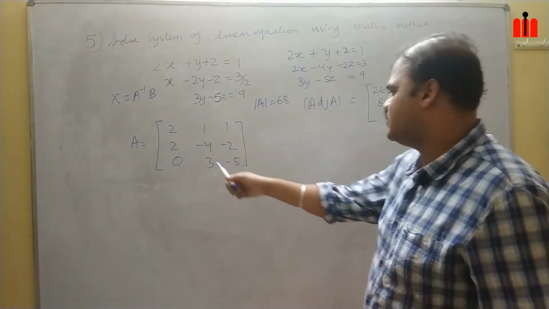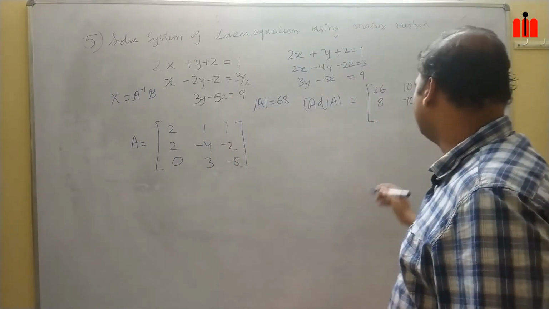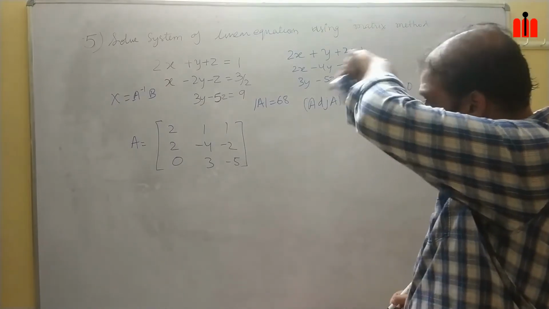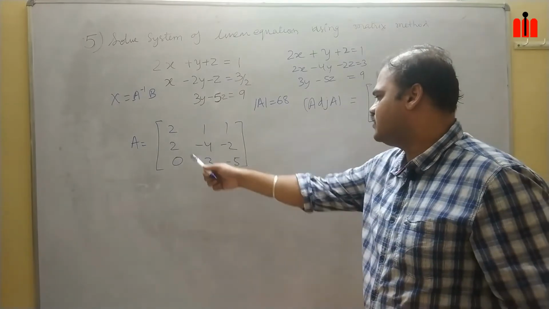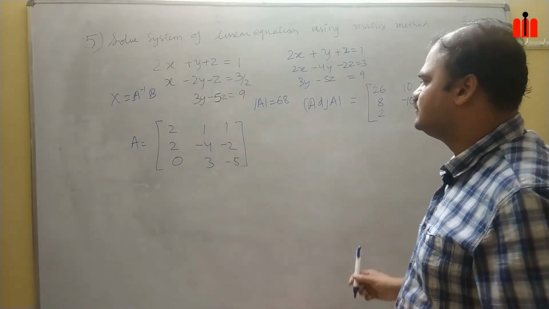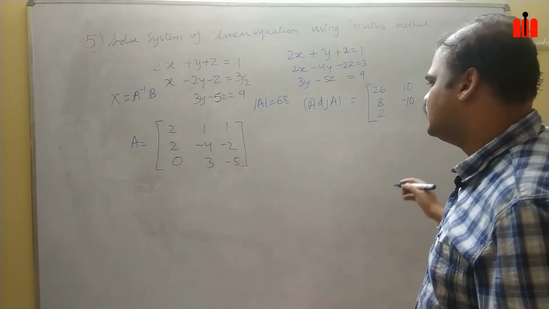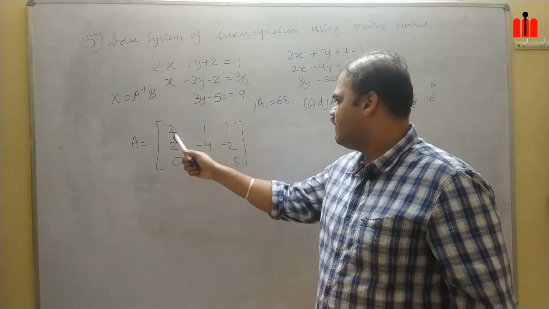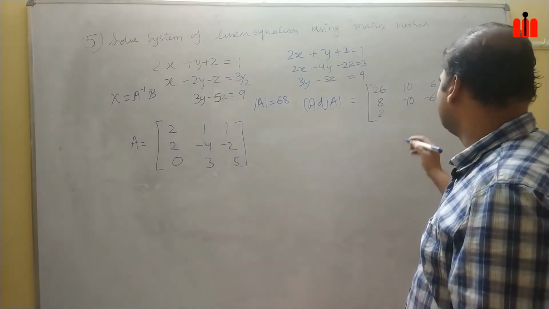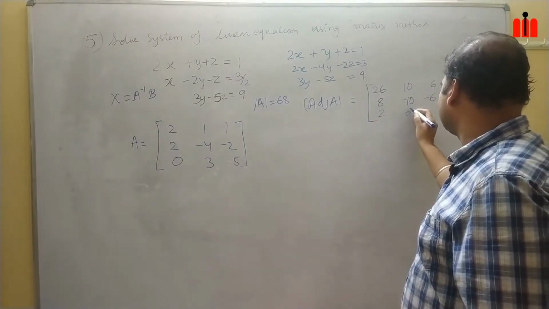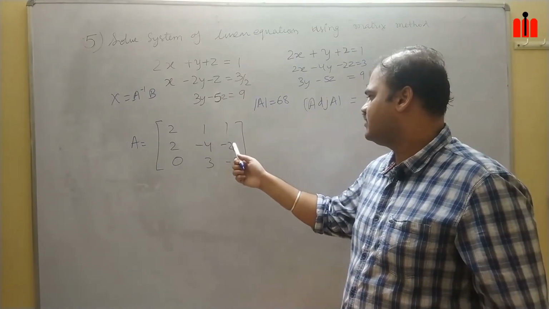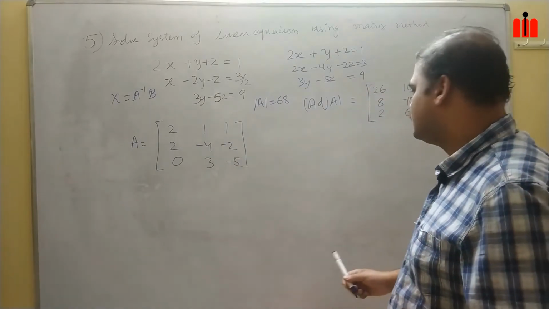Now cofactor of 0 is minus 2 plus 4, so it is 2.